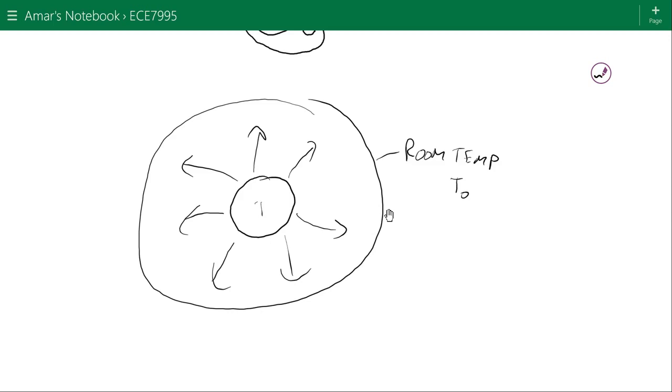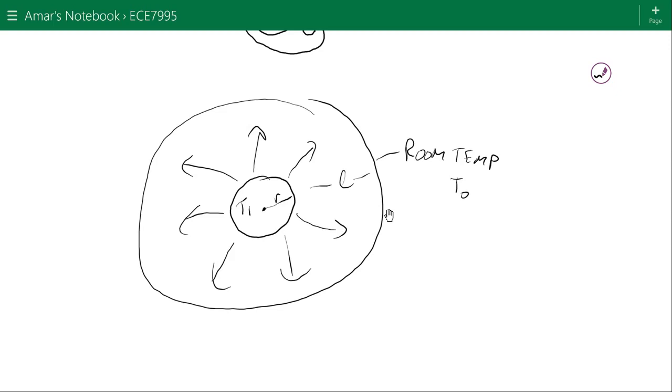This object, we can call it T1. This is the hot object. At some distance away, L, you're at room temperature. And then this also has a geometric distance associated. There's a radius. This object has a certain dimension.